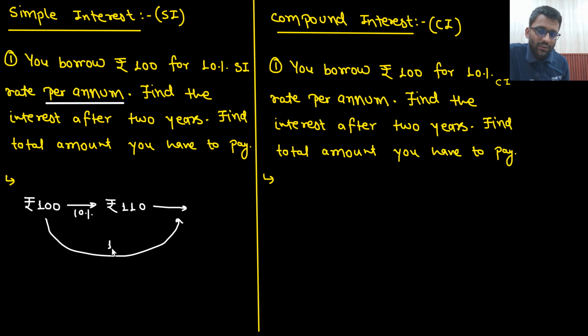So always you will pay 10% extra of this amount. Here you are paying 10 rupees extra, so again 10 rupees extra, and you will pay 120 rupees. Every year it is constant: you will pay 10 rupees extra.